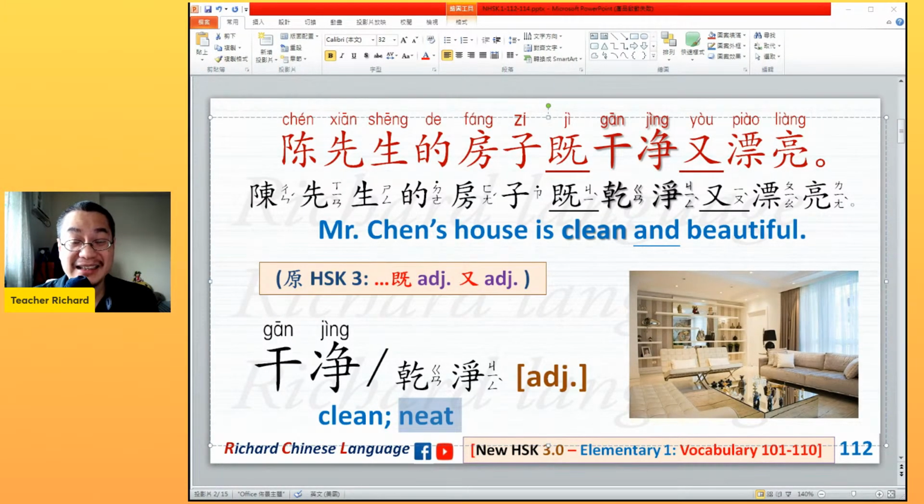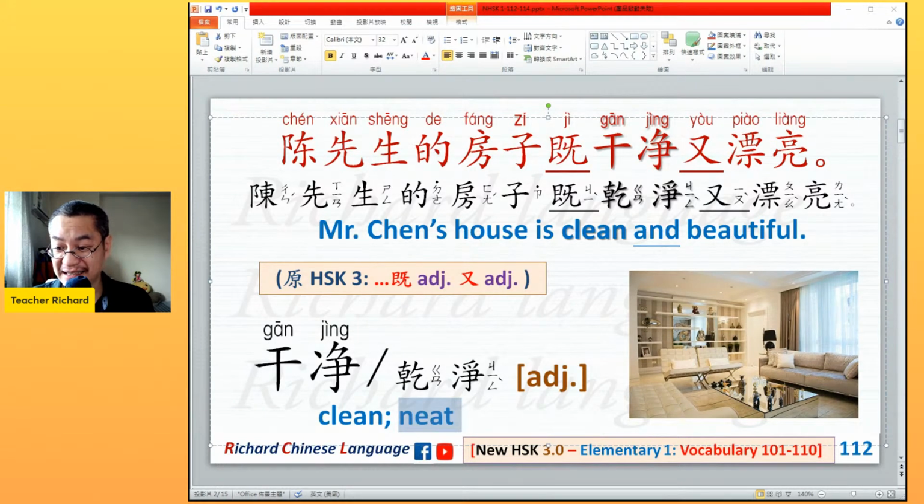Okay, you can use 干净 to describe a person. So in Chinese, you can say 他是个干净的人. Oftentimes we say 爱干净的人. 他是一个爱干净的人. Like he is a neat person.